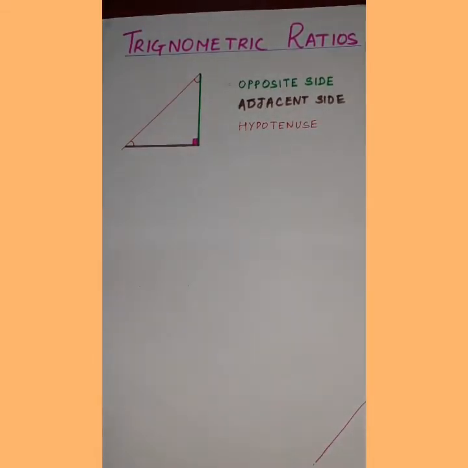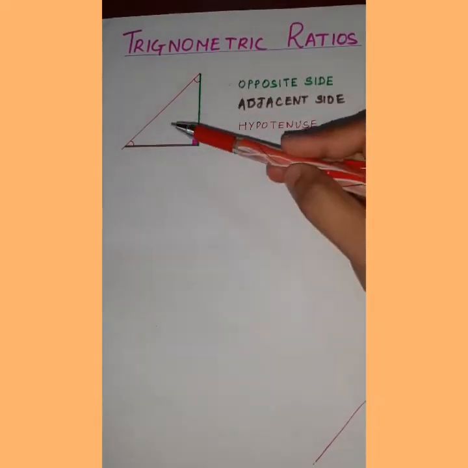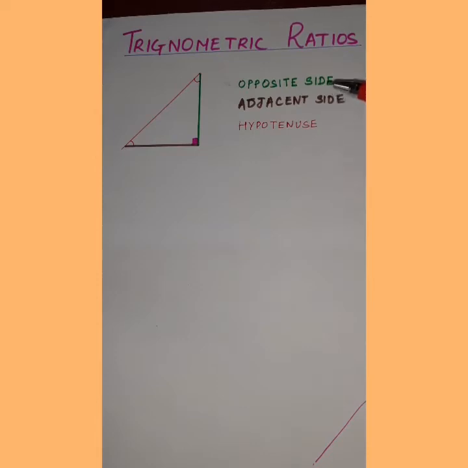Now, depending upon these sides, we write different trigonometric ratios. Trigonometric ratios are nothing but ratios which are based on these three sides.